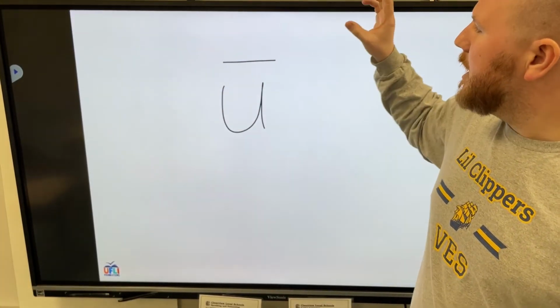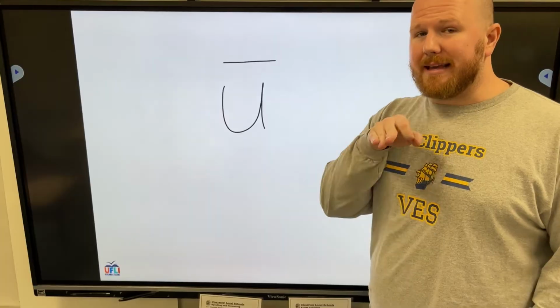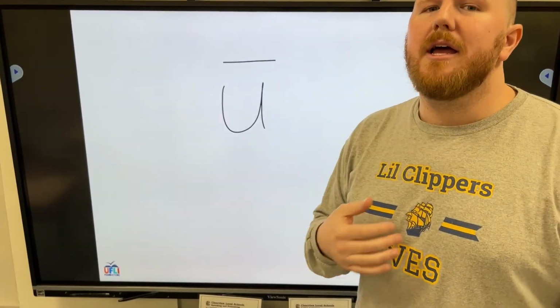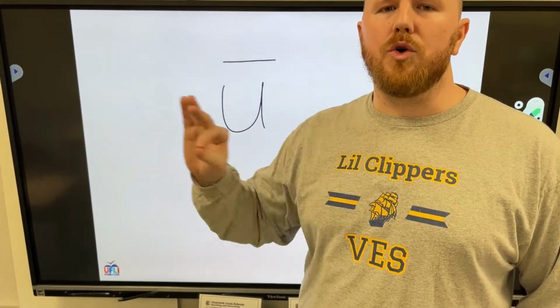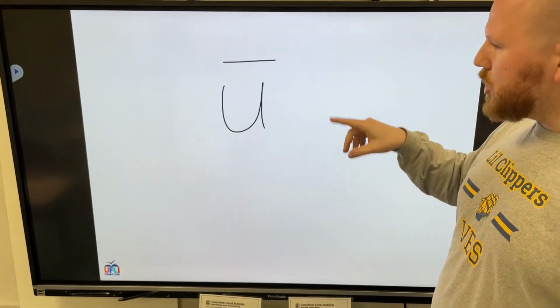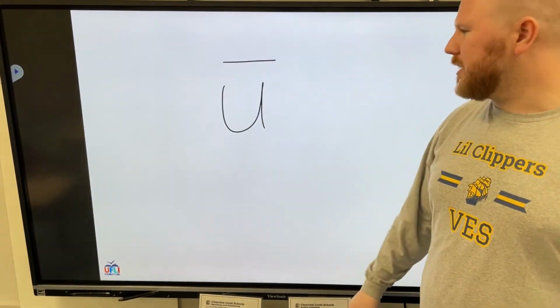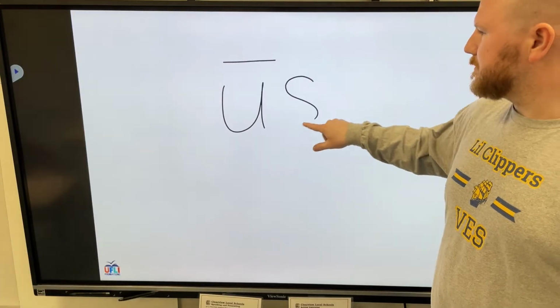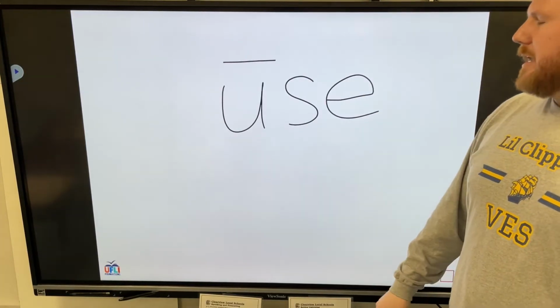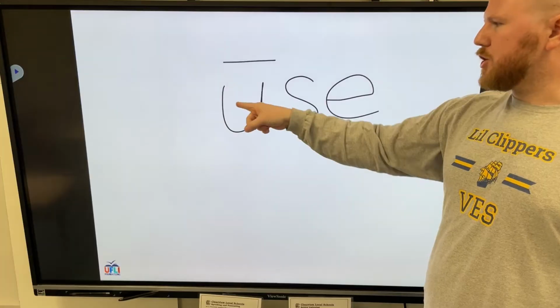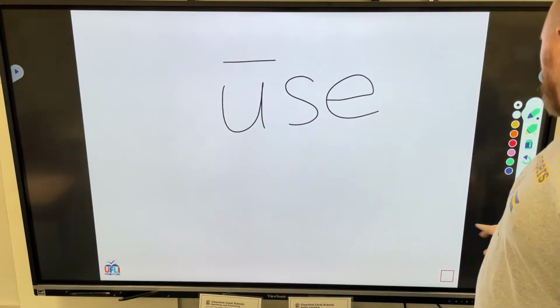Don't worry about that. But long U can say you. Usually we learn that it's ooh or you. So when I say you, you're like, wait, you's in a word? Well, what if I wrote this word? It's not ooze, it's use. Good. All right, erase your boards.